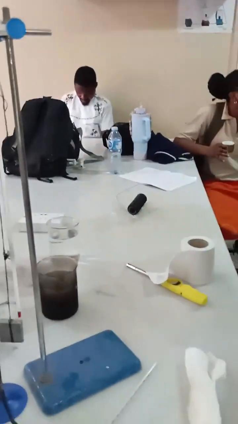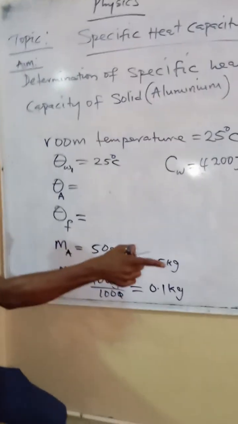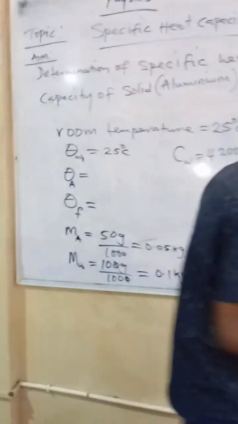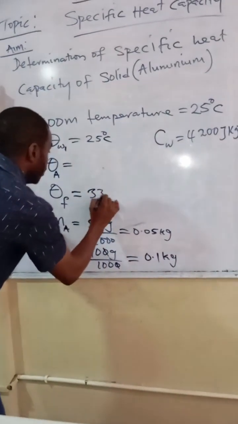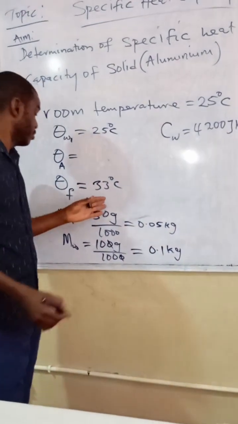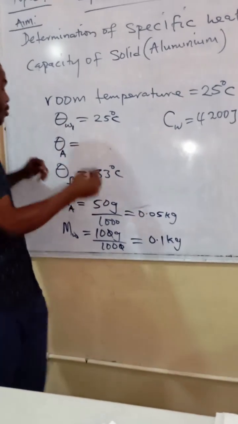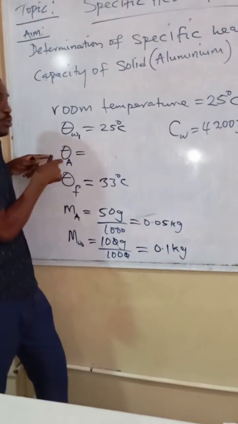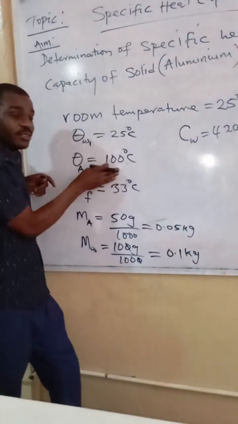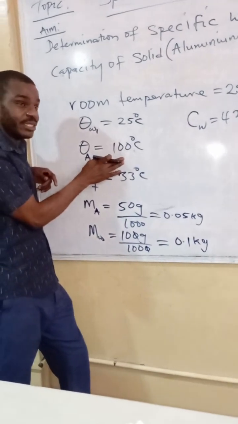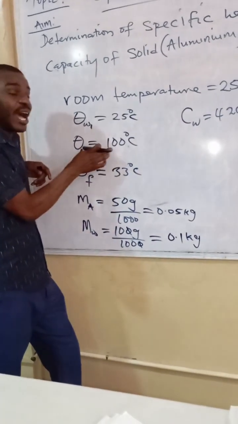Now, to finalize, the final temperature is 33 degrees Celsius. The temperature of your aluminium was 100 degrees Celsius, because that's what water boils at, so automatically the metal is at 100 degrees Celsius.